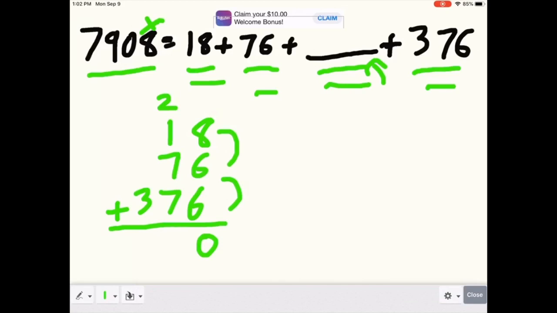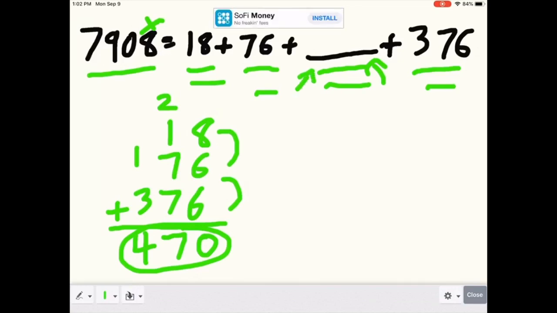And 10 plus 7, well, that's 17. And we'll carry our 1. And 3 plus 1 is 4. So this number is not technically our addend. Not at all. We have to do one more problem to find this missing addend.